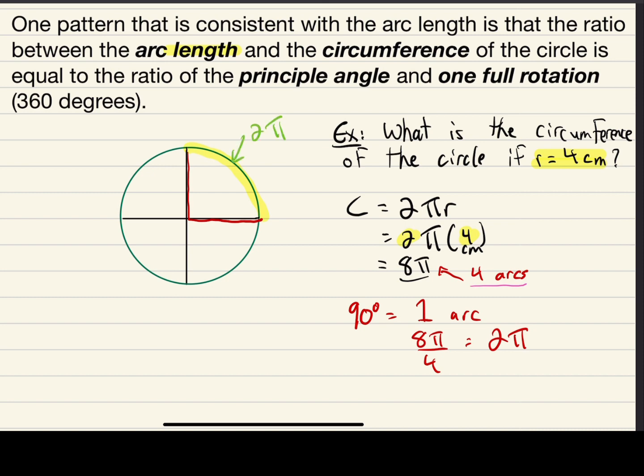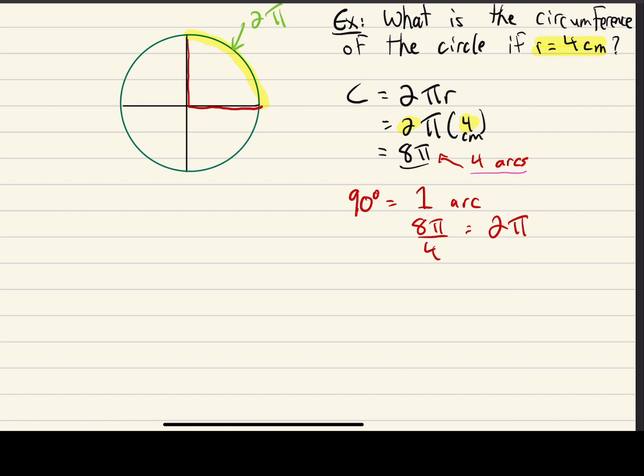Now I'm going to show you something. So that's the arc length compared to the circumference, right? So if we go arc length ratio to circumference, we can see that that gives 2 pi to 8 pi. If we simplify this, that is basically 1 to 4.